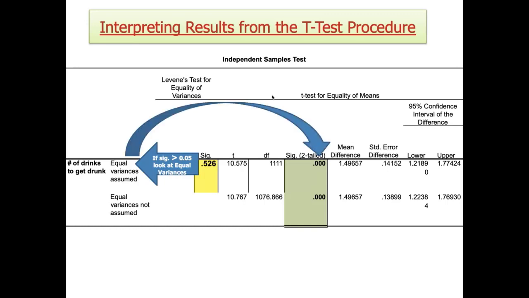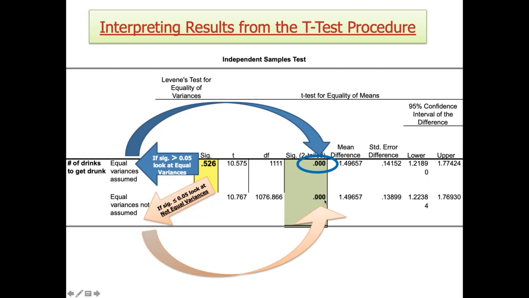Yes, I see it. Okay, so yeah, you don't automatically look at the equal variances not assumed. No, you don't look at that. Whether you see this upper p-value or this lower one depends on what the significance of the Levene's is. If this is greater, then you look at the equal variances are assumed. So you go up here and you look at the 0.00.